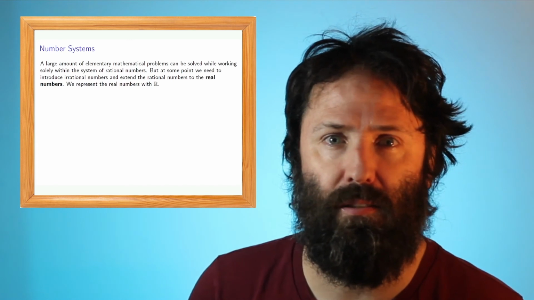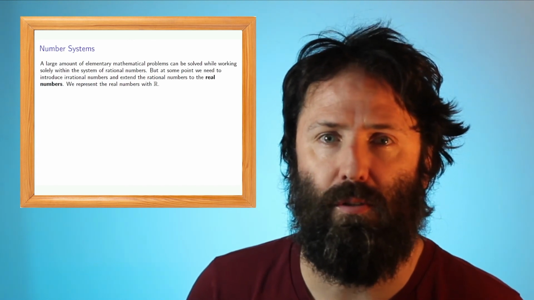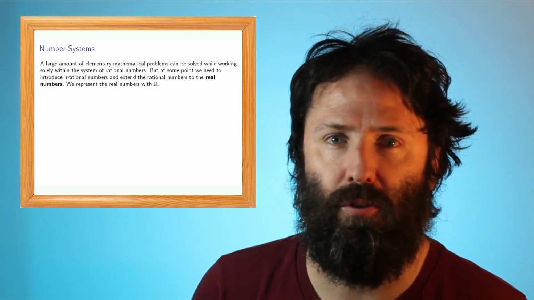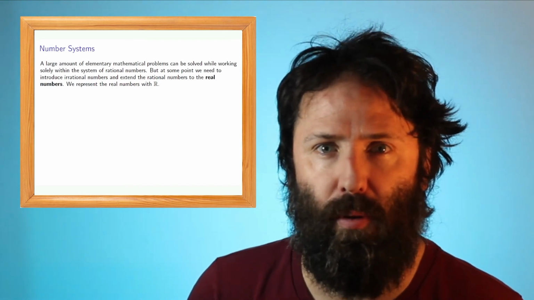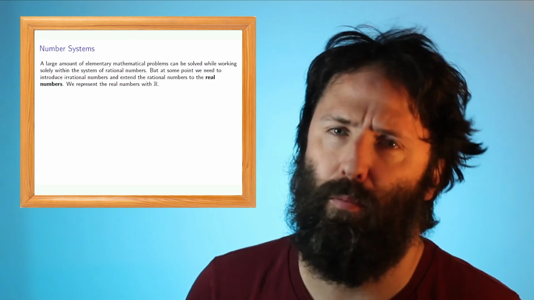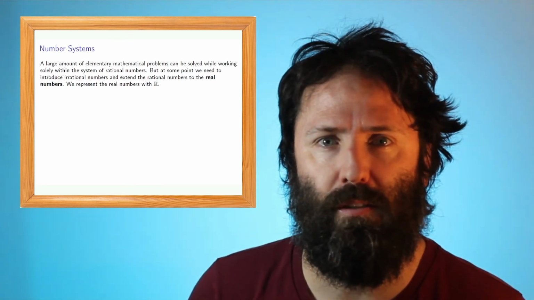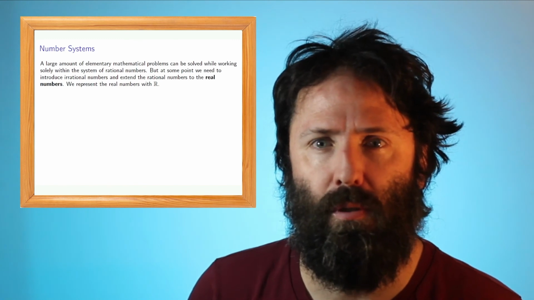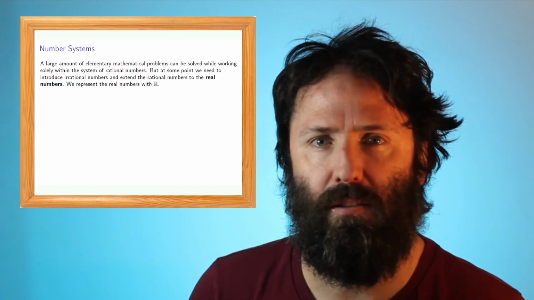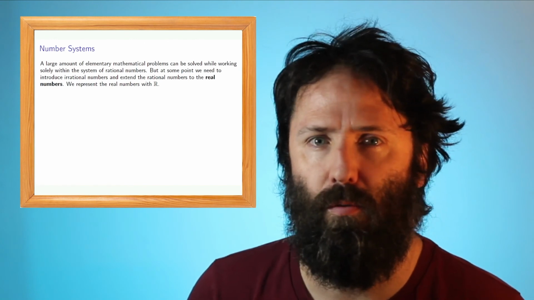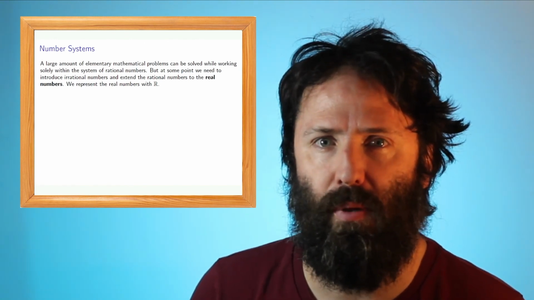So there was a problem. Same thing with the rational numbers as well. If I try and solve a problem like x squared minus 2 equals 0, when I simplify that, I get x squared equals 2, and the answer is going to be positive or negative square root of 2. That's not a rational number. That's an irrational number. That's a surd.